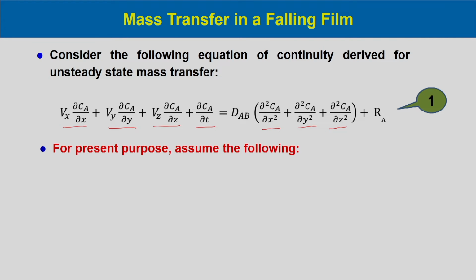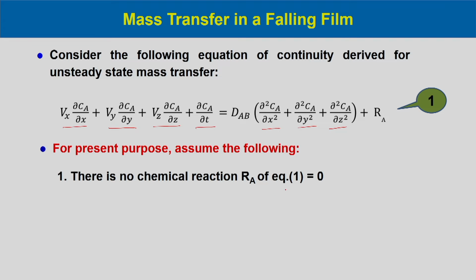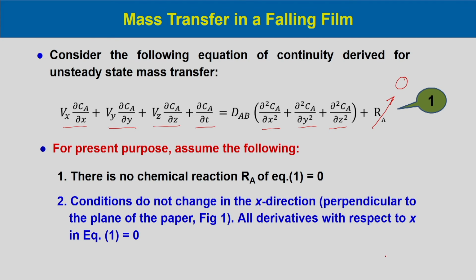Now, for the present purpose, let us assume that there are no chemical reactions in the system. So, RA of equation 1 should be 0. The second assumption is that conditions do not change in the x direction, that is perpendicular to the plane of the paper, as we have seen before in figure 1.